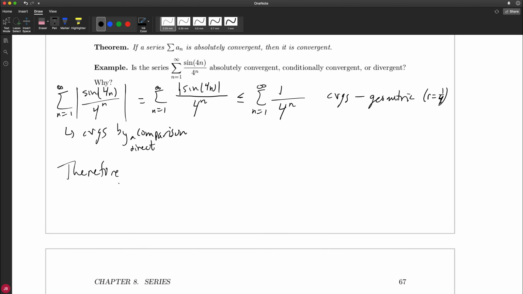And therefore, because this series with the absolute value bars converges, we conclude that the series without the absolute value bars is absolutely convergent.